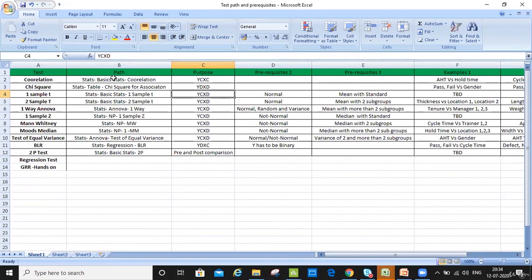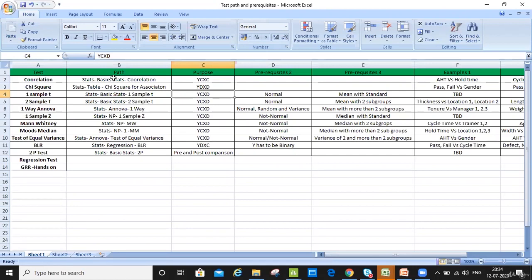Correlation gives me the R value, which talks about the relationship between two continuous variables, positive, negative, and no linear relation, and it gives me an R value, which is a deciding factor.